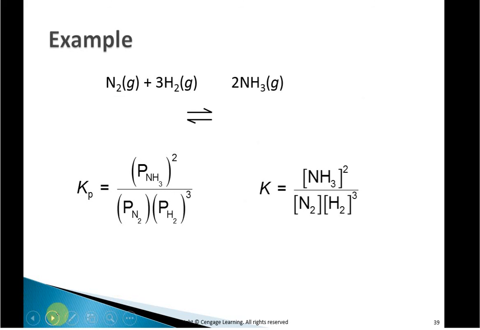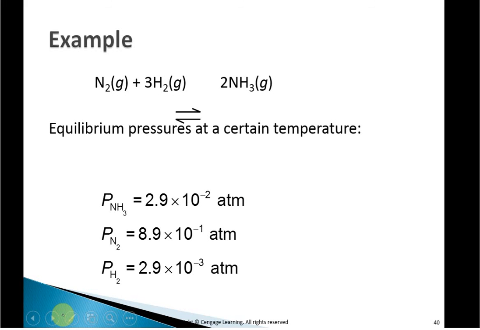Now, back in gas laws, we talked about how pressure and moles are proportional. And so we can actually just plug in the partial pressures of each gas to get the Kp for these expressions. So here, if we have nitrogen plus 3 moles of hydrogen reacting to form 2 moles of ammonia, we know that our K here is technically molarity of ammonia squared over nitrogen times hydrogen cubed.